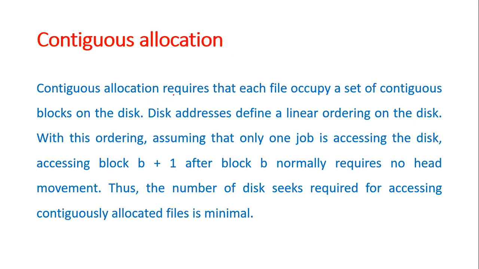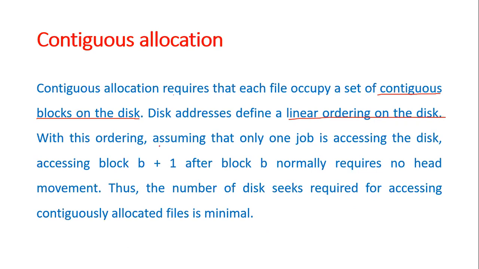The contiguous allocation requires that each file occupy a set of contiguous blocks on the disk. It's very important. That's why we call it contiguous allocation, right? Disk addresses define a linear ordering on the disk.